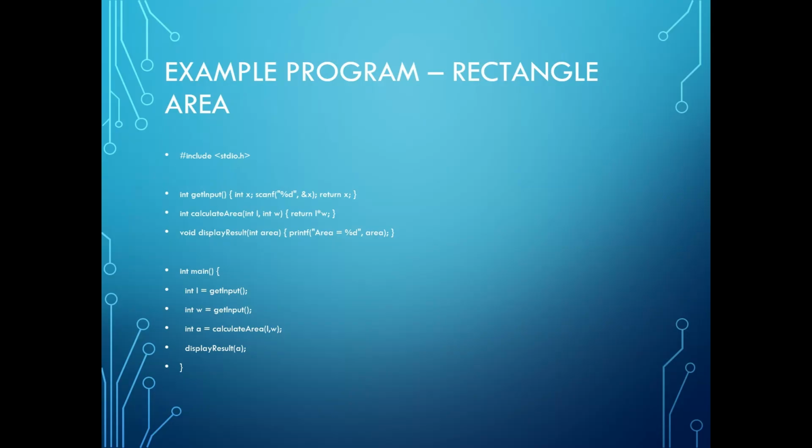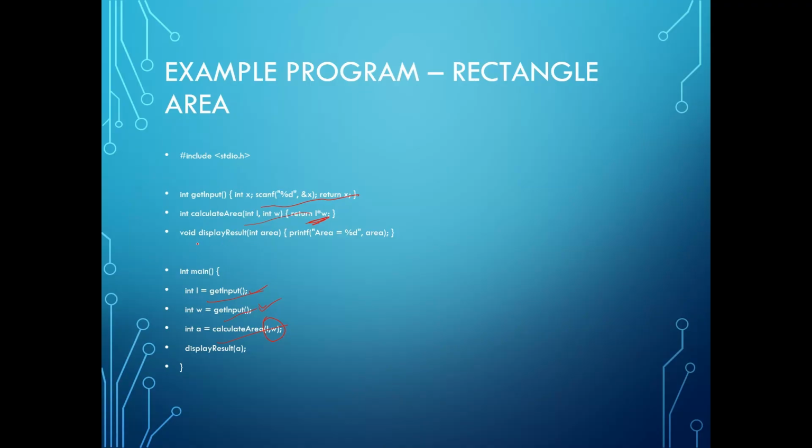For example code, take the rectangle area. In that program you have seen three different functions. getInput for int l for length and int w for width, then enter the values for L and W, and you pass these as arguments. calculateArea gives L into W. In getInput you call scanf to take the numbers.